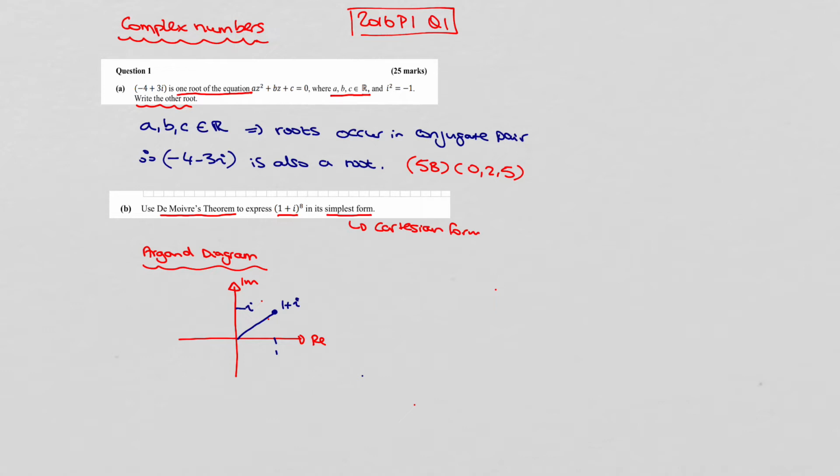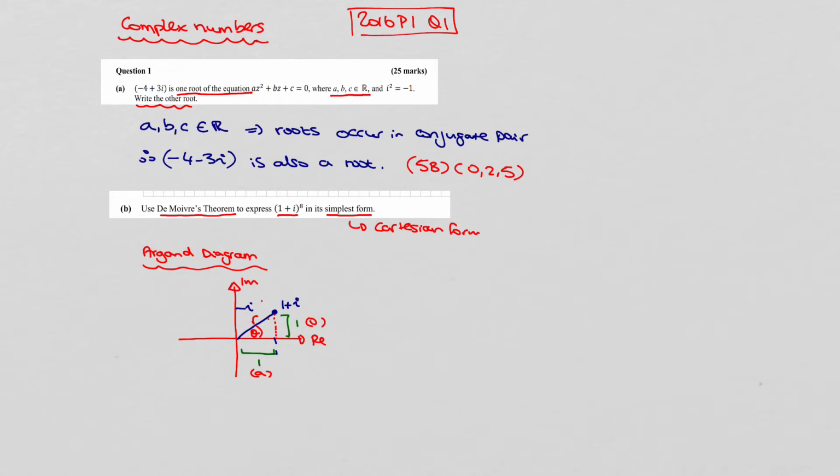Then the distance to the origin is my modulus. If I drop a line down, I'm making an angle theta with respect to the x-axis. So what I have done is I have gone up 1 and out 1. So therefore the opposite of my right angle triangle is 1 and the adjacent is also 1.